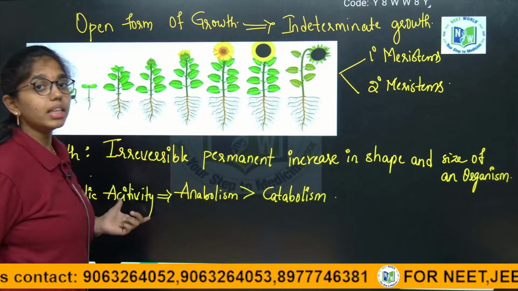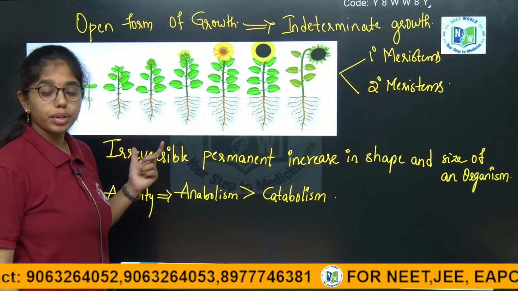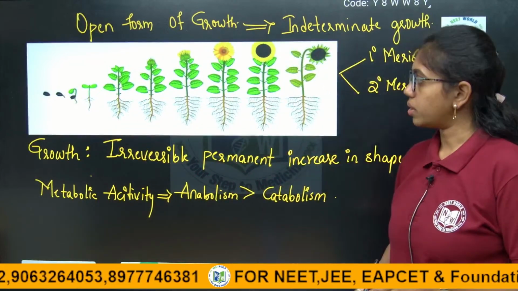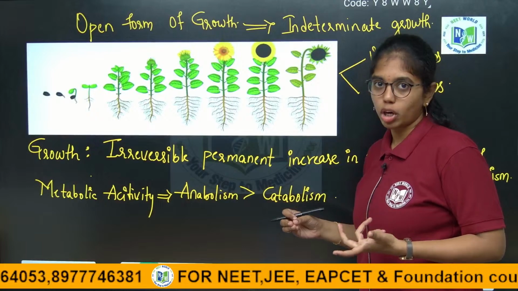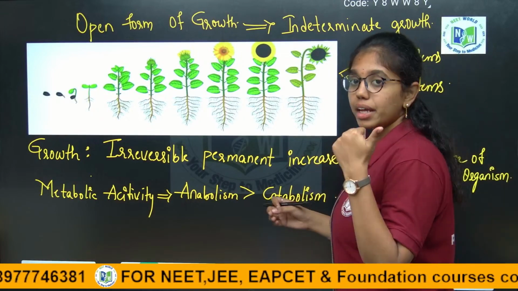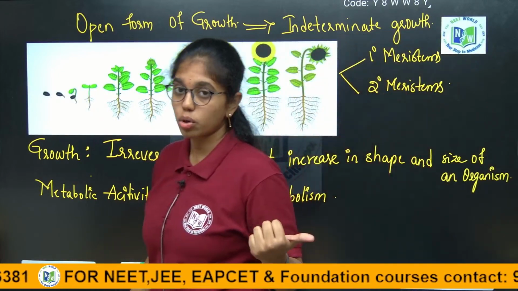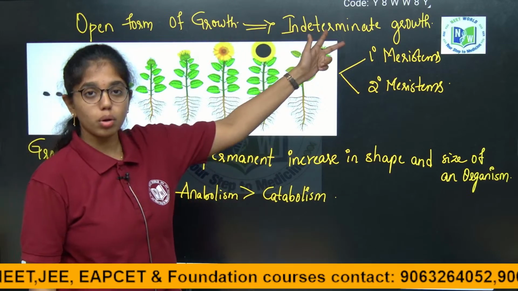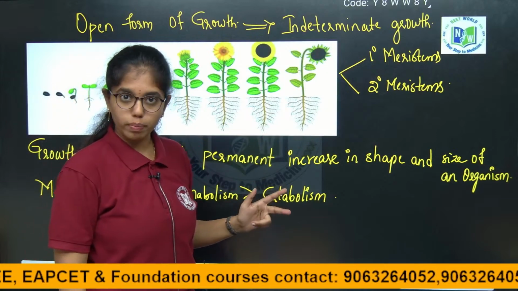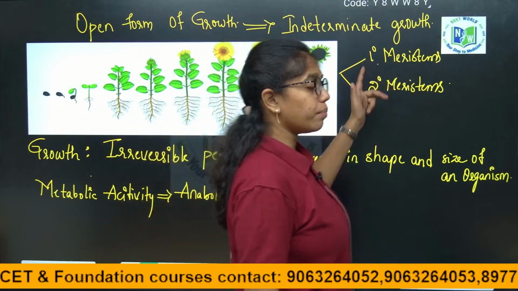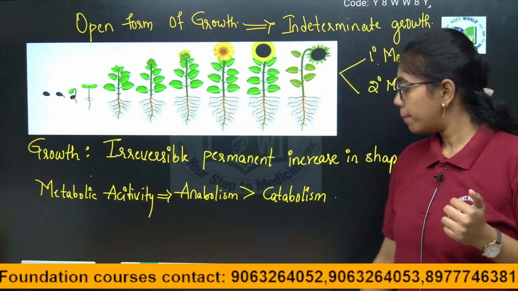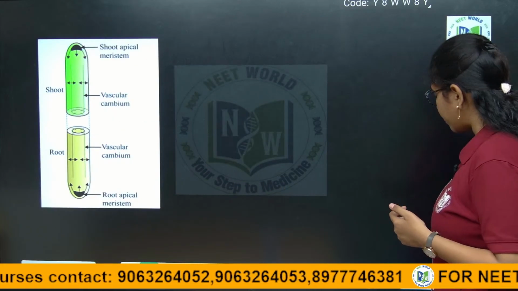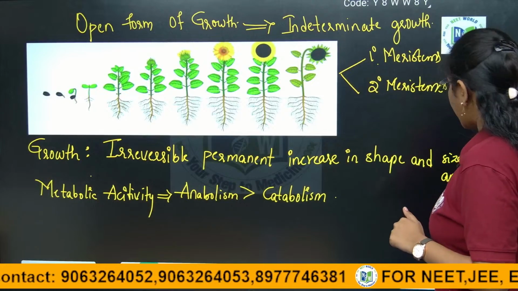So, these are the primary points that you have to remember. The irreversible permanent increase is said as growth, in plants you will see open form of growth, also called the indeterminate growth pattern, because of primary and secondary meristems. And in metabolic activity, anabolism is more than catabolism.